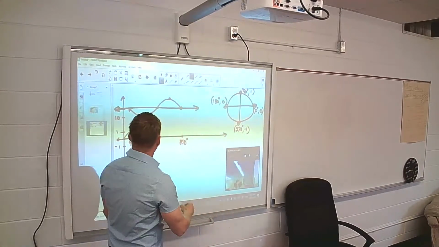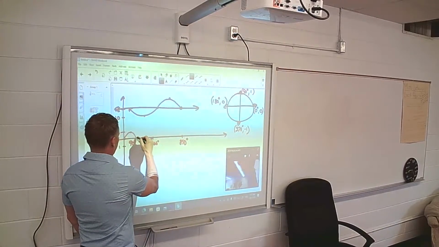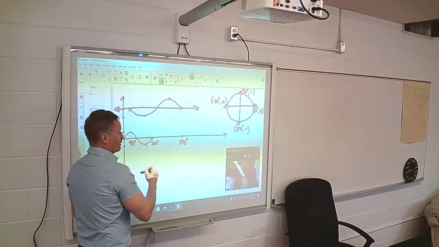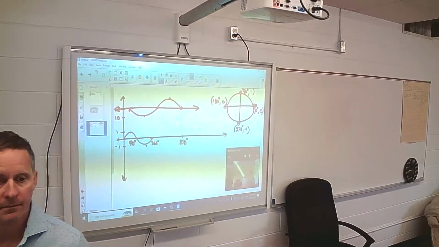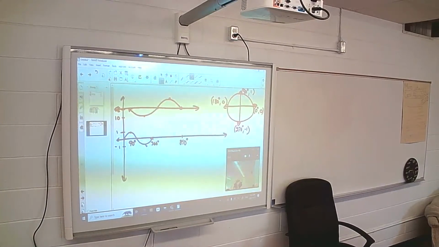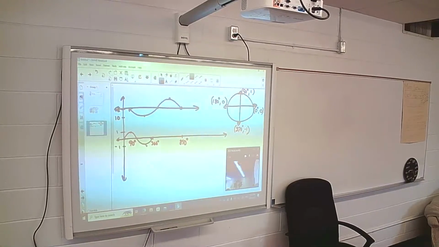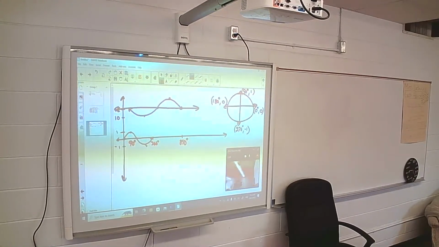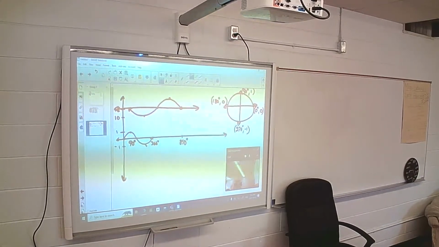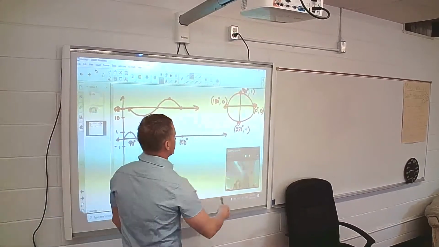So 0, 1, 0, -1, 0. So for the sine graph, it's always the axis. For sine and cos, both, your midline always is the x-axis. Okay? All right? And that's again because of the unit circle.